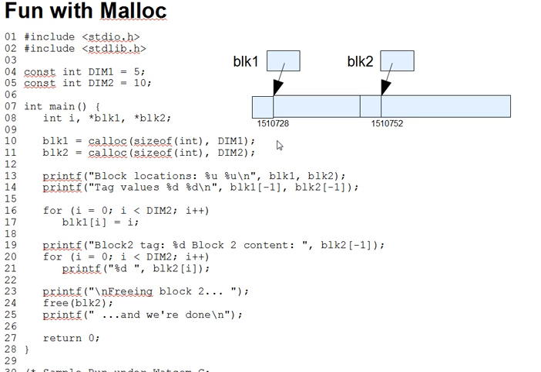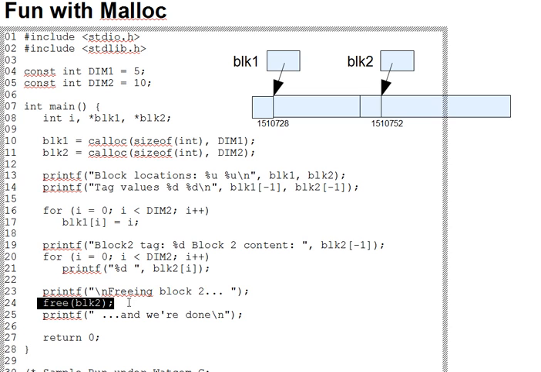But why does malloc do this? Consider what happens when we pass block 1 or block 2 to free. Free's job is to mark all the space in the block as reusable. But how does it know how much space there is, given only the block's starting address? We never passed any information as to the block's size.